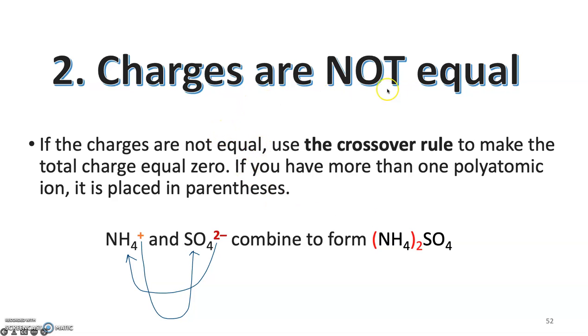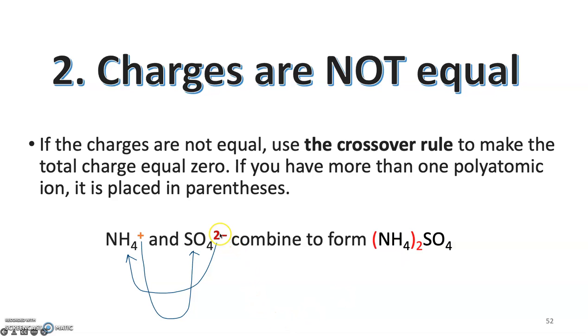Now, if the charges are not equal, you must use the crossover rule to make the total charge equal 0. If you have more than one polyatomic ion, it is displayed in parentheses. Here, for example, ammonium ion and sulfate ion are both polyatomic ions, so you have to put the polyatomic ion in parentheses.